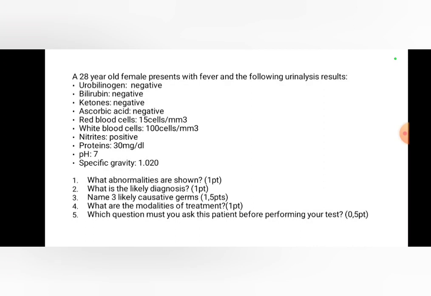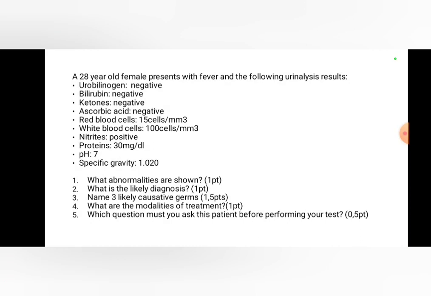When there is non-hemolyzed blood, it is much more the gross red blood cell that they are speaking about. Because you have to know that there is a difference between hemoglobinuria and a true hematuria. A true hematuria is a presence of red blood cells in urine, while hemoglobinuria is a presence of hemoglobin in urine.